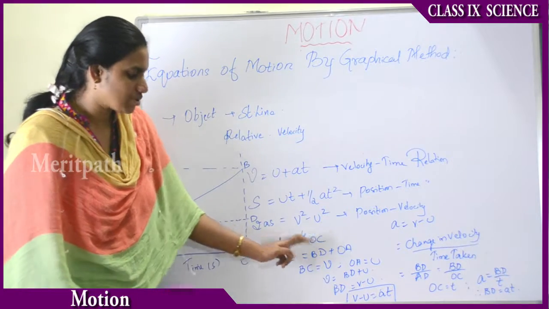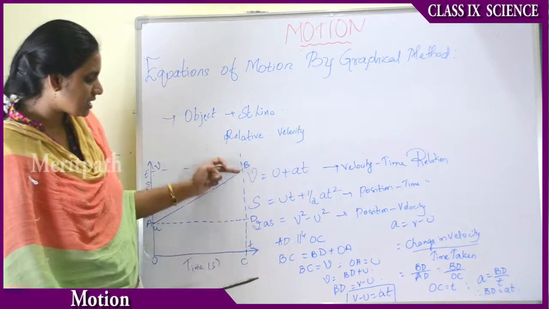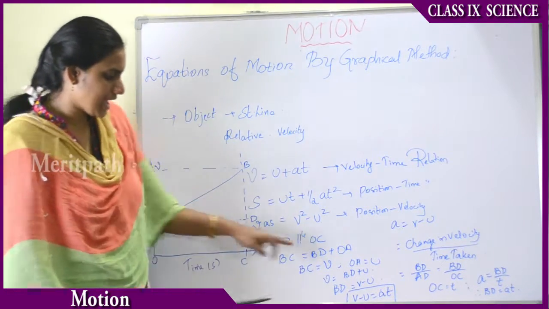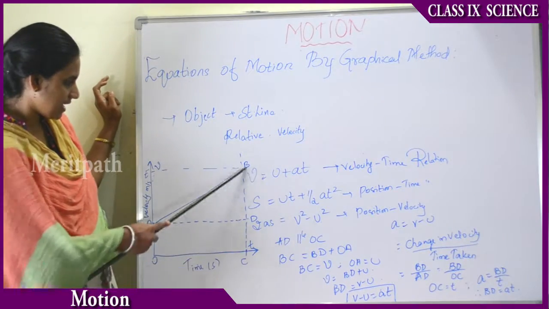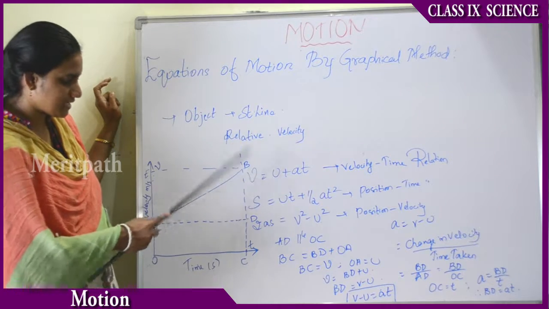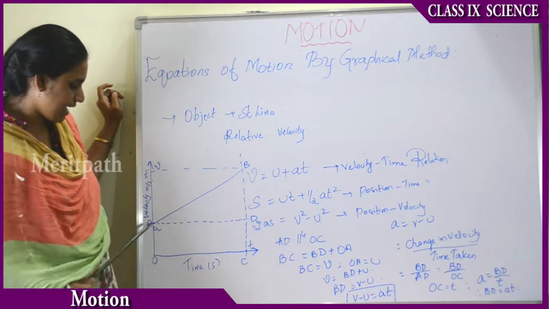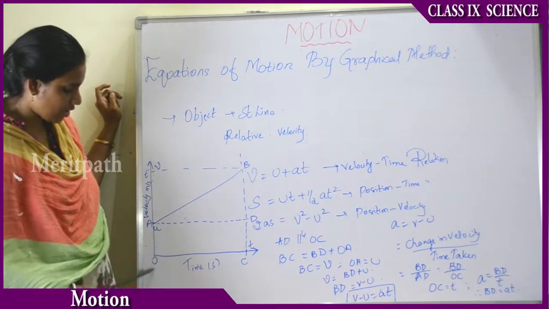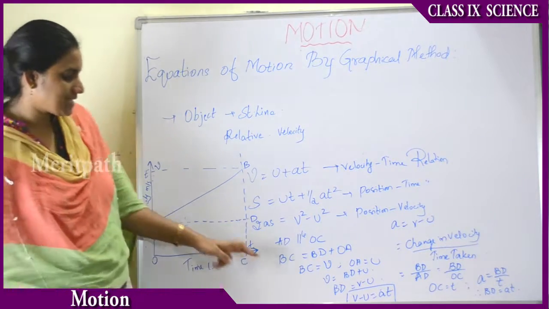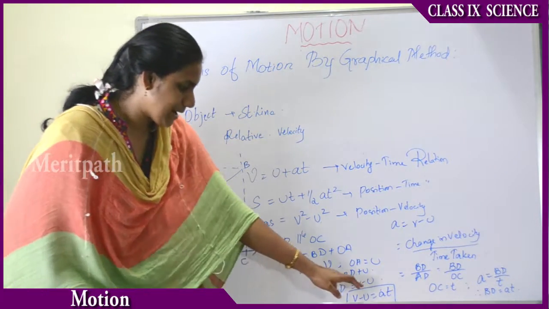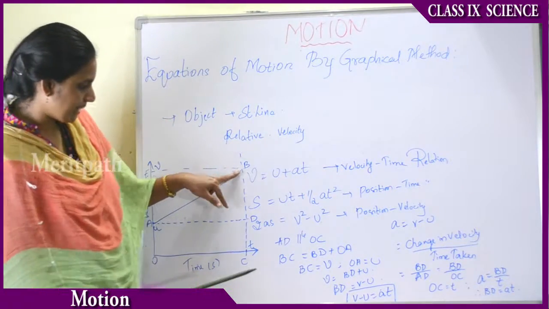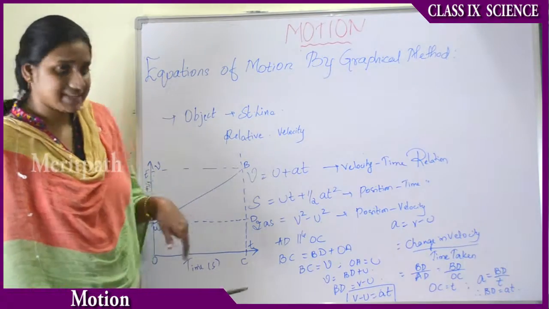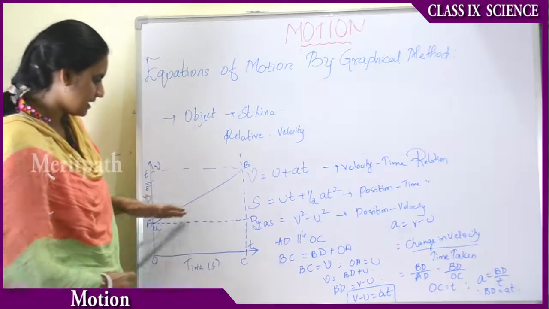AD is parallel to OC, and BC equals BD plus OA as I said, and BC is represented as V, that is the final velocity, and OA is represented as the initial velocity. Therefore we can say that BD equals V minus U. Here it is the BD, right? That is, BD is the area under this.